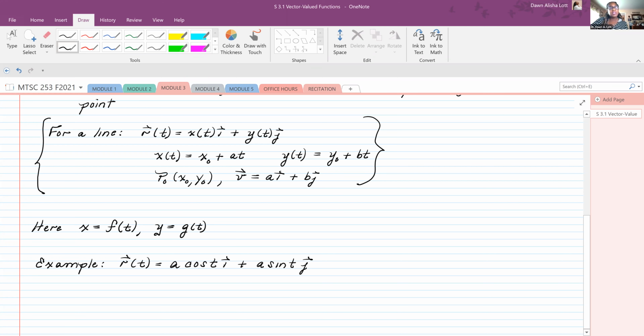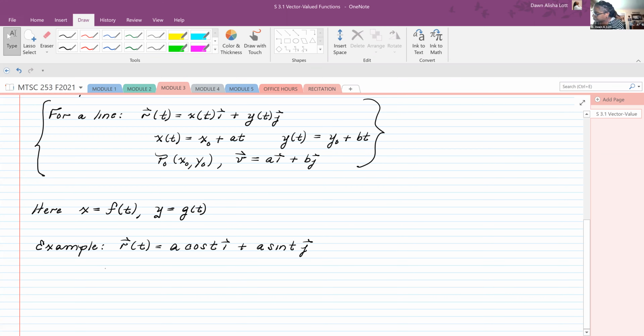As you can see, x of t is a cosine t, y of t is a sine t. And how nice is it that x squared of t plus y squared of t is equal to a squared.